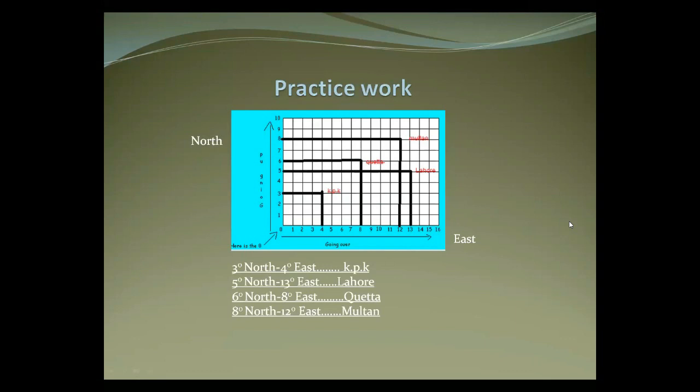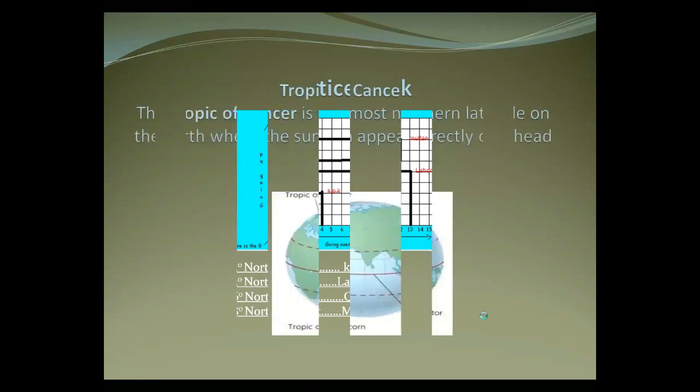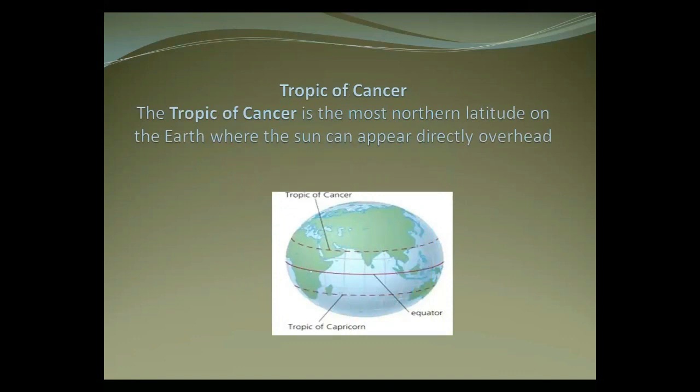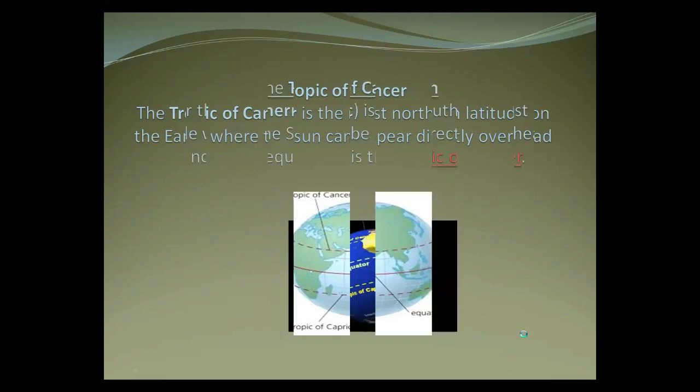And now come to the differences of globe and atlas, which I discussed yesterday. What is the main difference of globe and atlas? The globe is three-dimensional. The globe is a three-dimensional place, and it is a model.